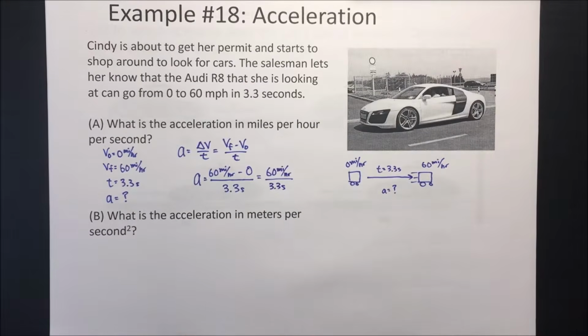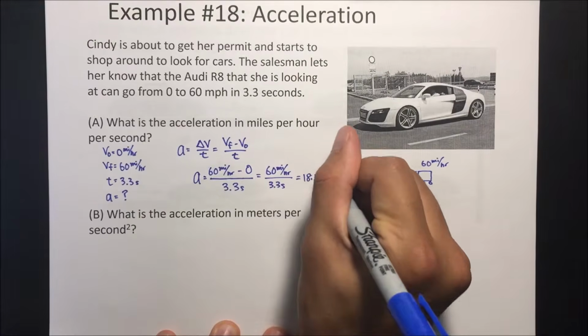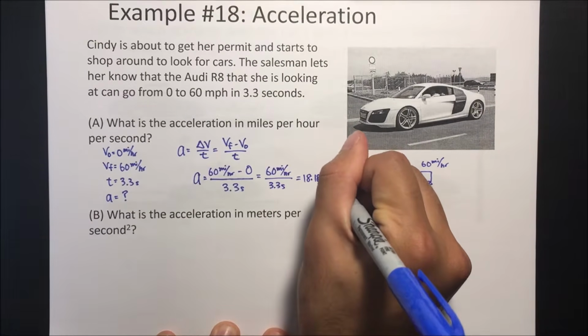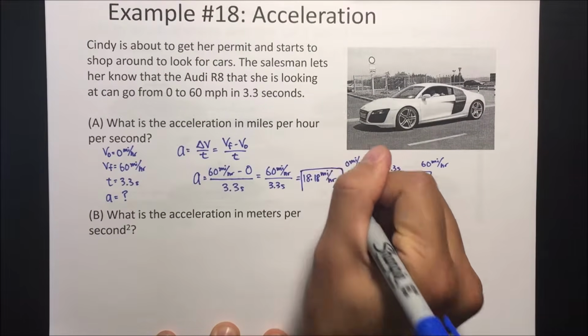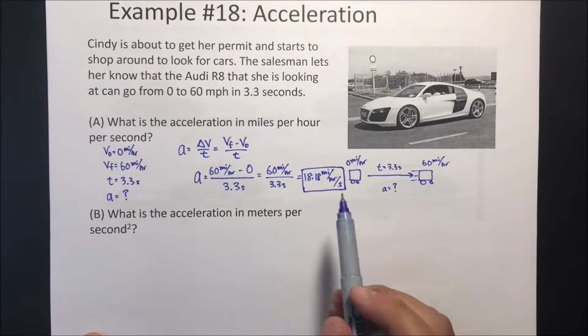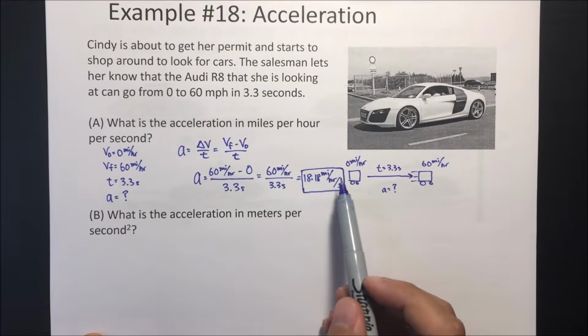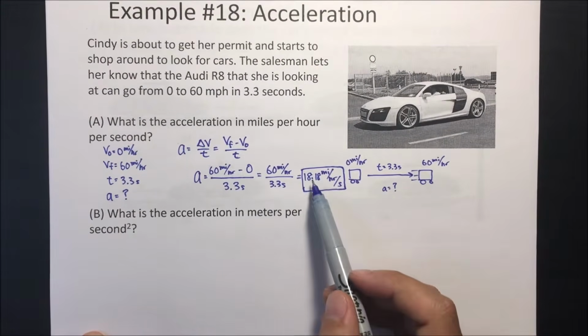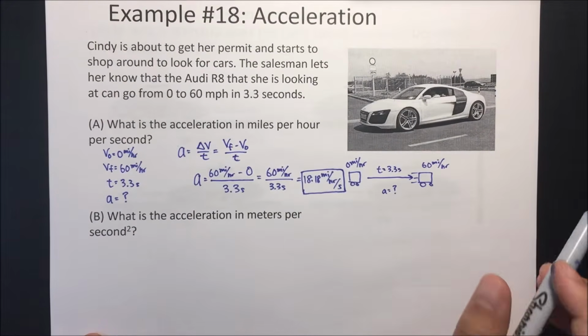We can simplify this further: 60 divided by 3.3, and we get 18.18 miles an hour every second. What this is saying is every second it's going to be getting faster and faster by 18.18 miles an hour. So the second second it's going to be going 36.36 miles an hour, and so on and so forth.